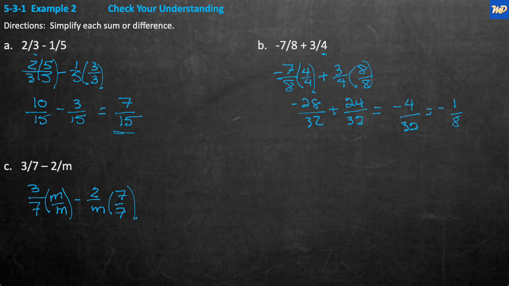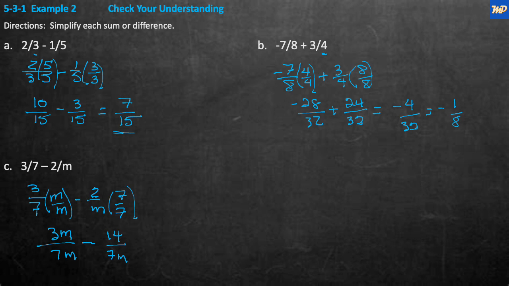And that's going to equal 3m over 7m minus 2 times 7 is 14 over 7m.